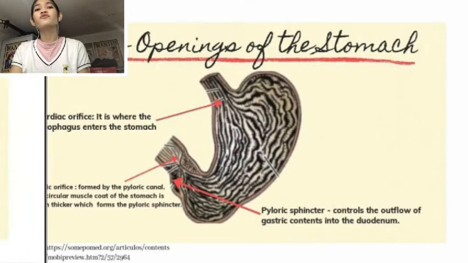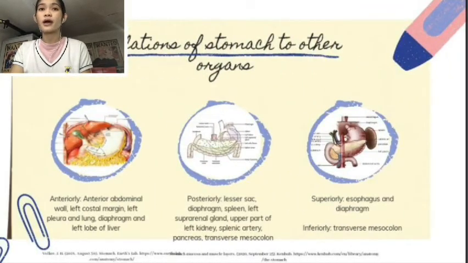And now let's move on to view relations of the stomach to other organs. Anteriorly, we can see the anterior abdominal wall, the left costal margin, the left pleura and lung, the diaphragm, and the left lobe of the liver.